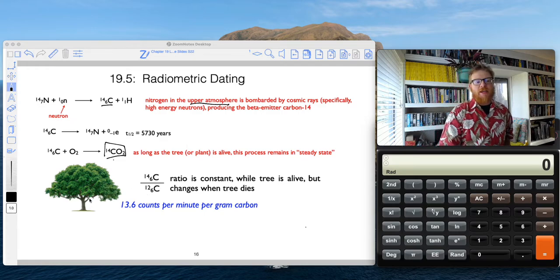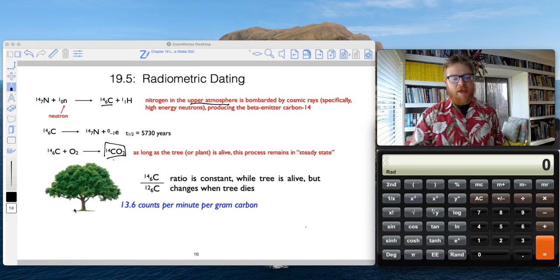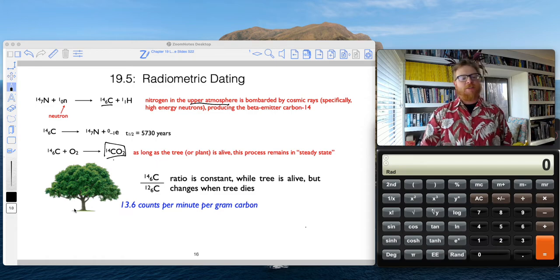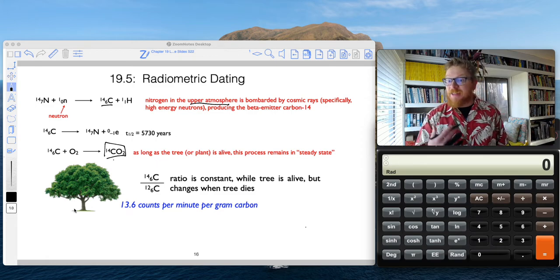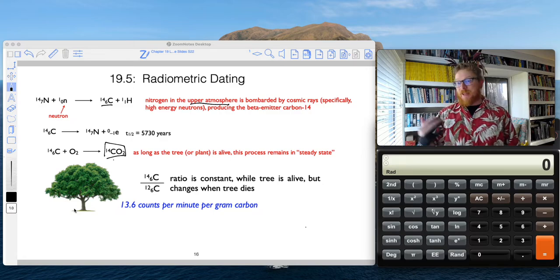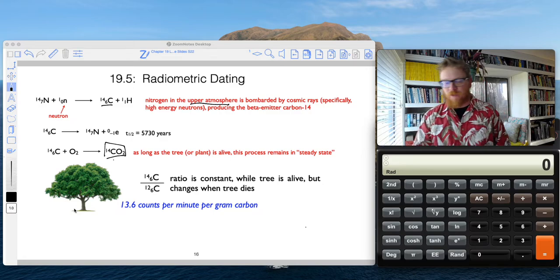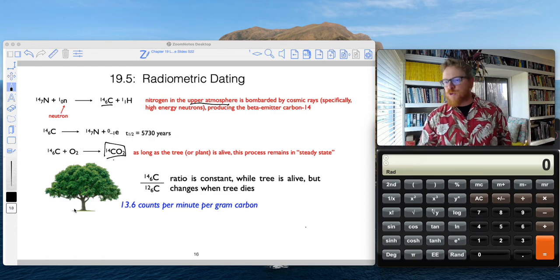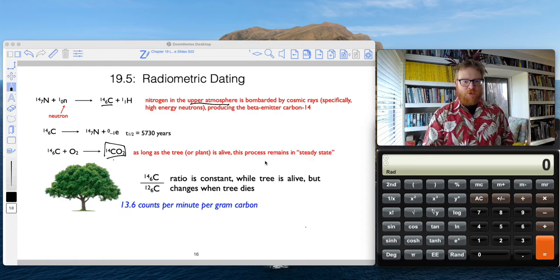I'm talking about trees because archaeologists have recognized that artifacts humans use are predominantly made of trees. Go figure, right? Scrolls or other tools that might have been used many thousands of years ago. From that, we can age how old those tools or scrolls might have been.